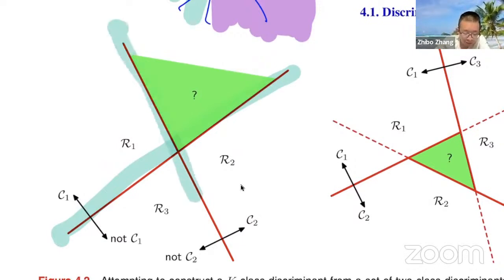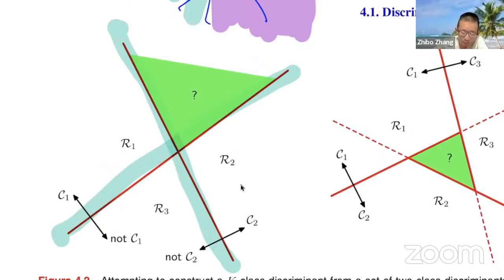Another separates C2 from not C2. We may have numerous different categories, we don't care. Now we take two categories as examples here, C1 and C2.